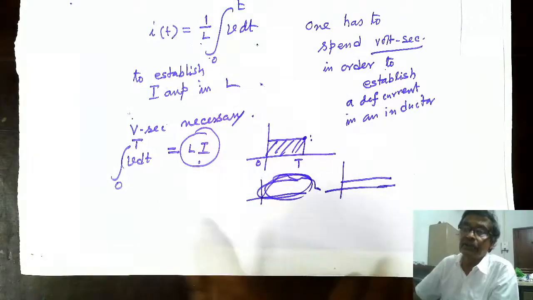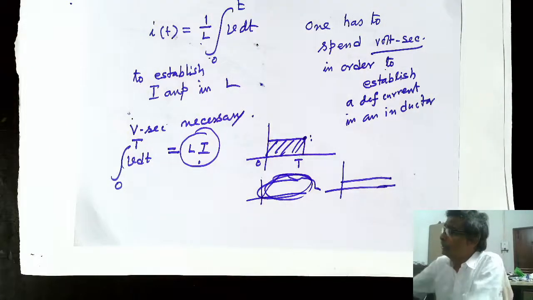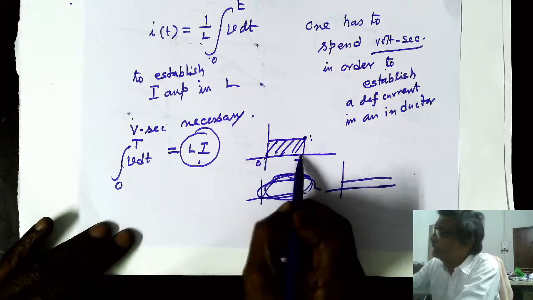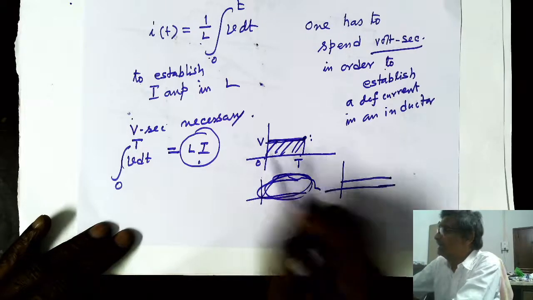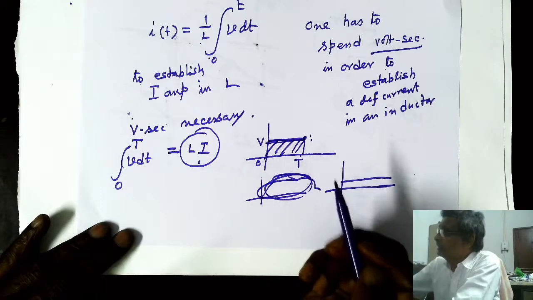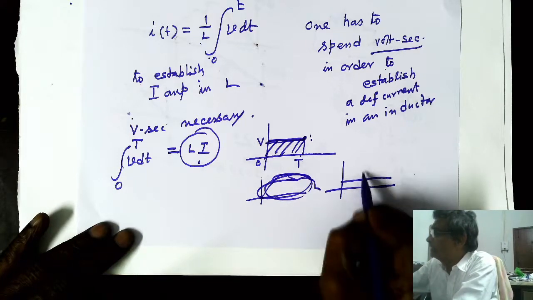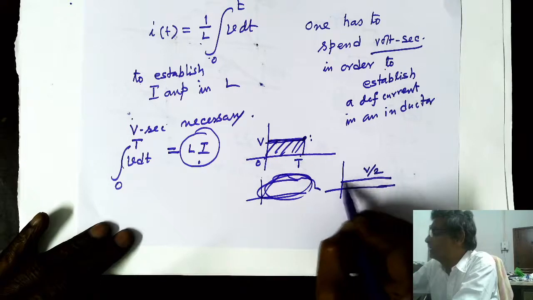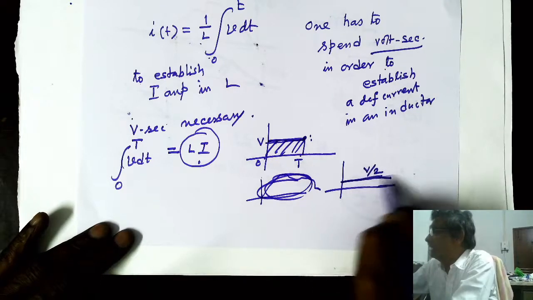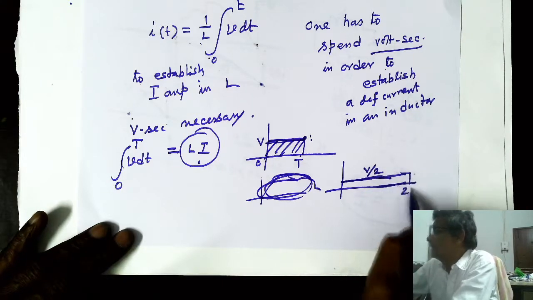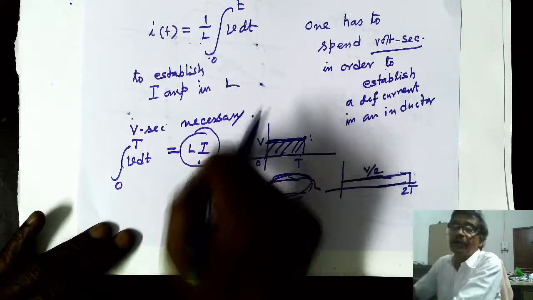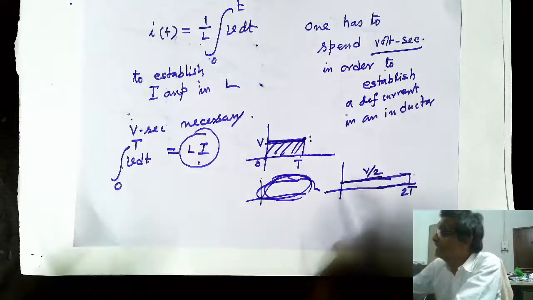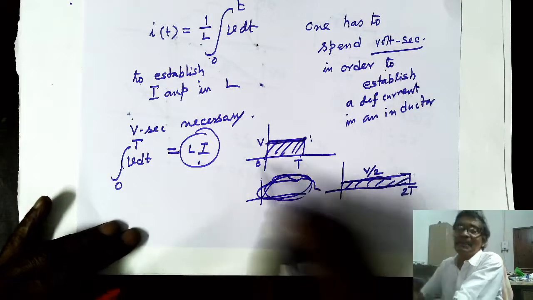At the end I want to establish current I ampere, so you can use a 0 to t voltage pulse V. So volt second is Vt. If somebody says no, I will use a voltage pulse whose magnitude is V by 2, then I will say okay, better pass V by 2 for time 2t. You give this pulse to the same inductor, at the end it will reach the same amount of current I. That is, the area under this curve must be the same.